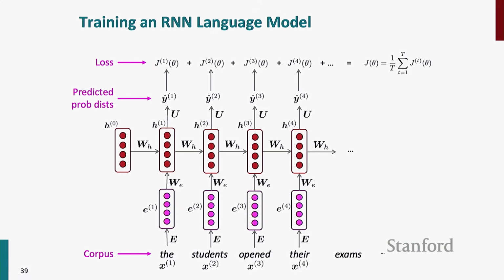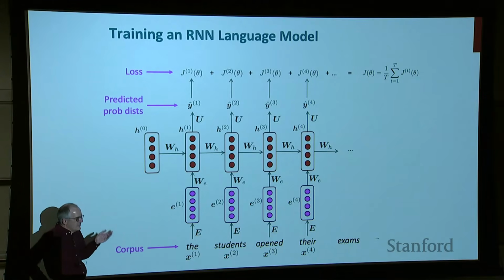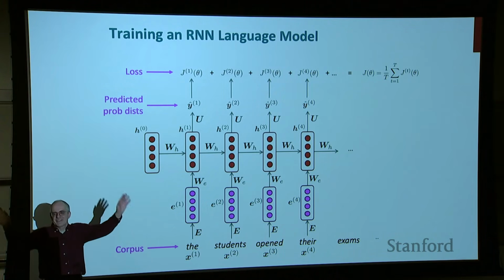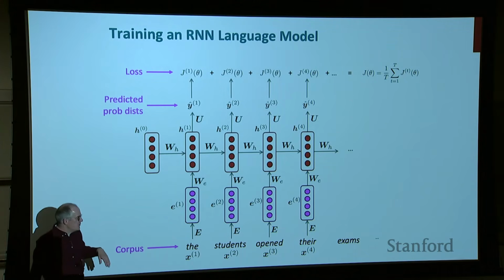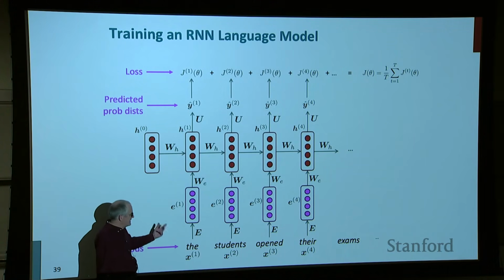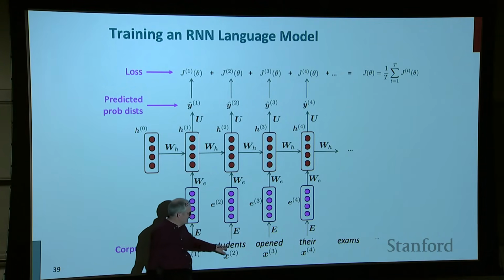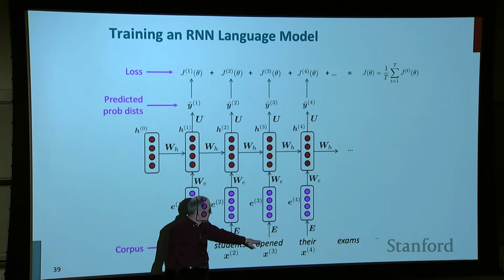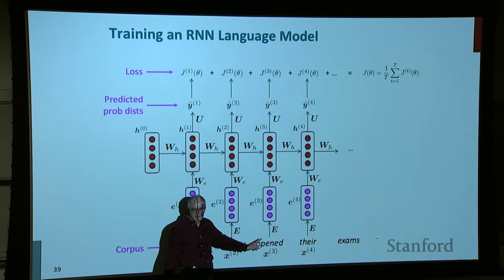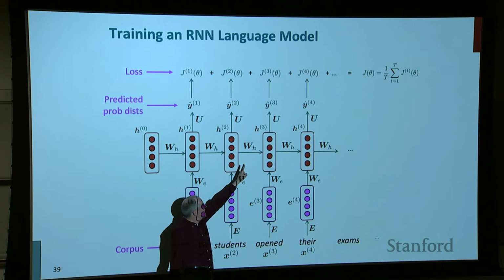And it's important to notice that, for generating this loss, we're not just doing free generation. We're not just saying to the model, oh, go off and generate a sentence. What we're actually doing is at each step, we're effectively saying, okay, the prefix is the students opened. What probability distribution do you put on next words after that?